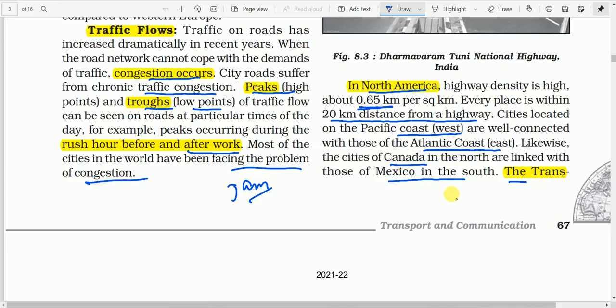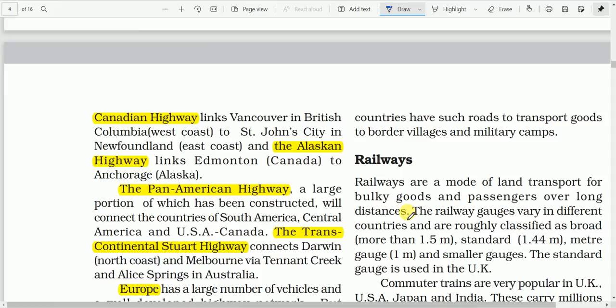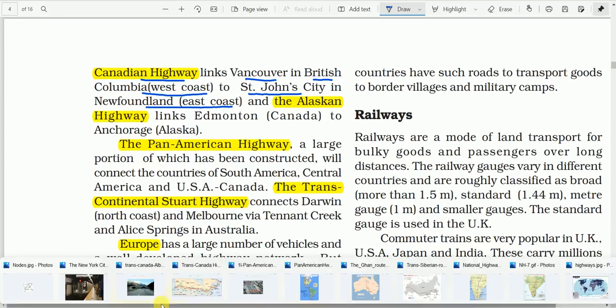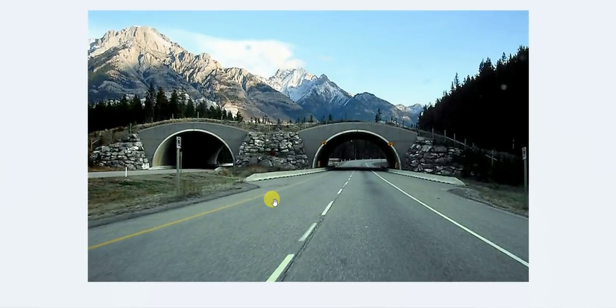For example, the Trans-Canada Highway links Vancouver in British Columbia, on the west coast, to Saint John's in Newfoundland, on the east coast. Here we have a photograph showing the Trans-Canada Highway in the Alberta area.